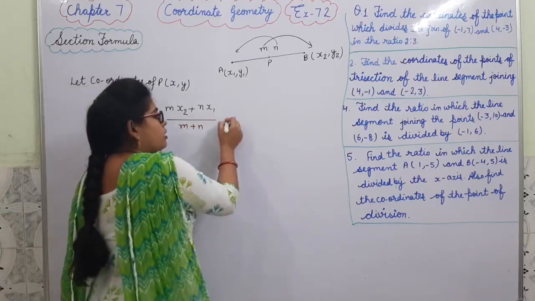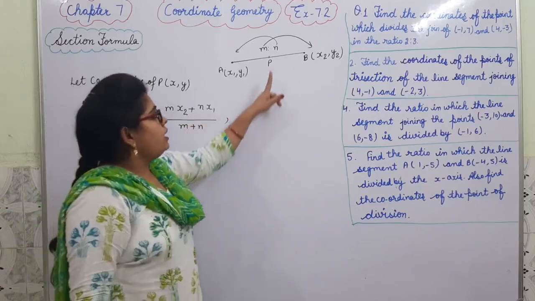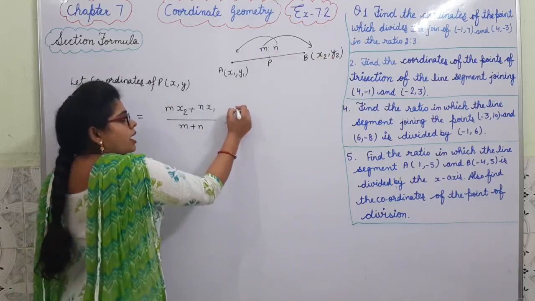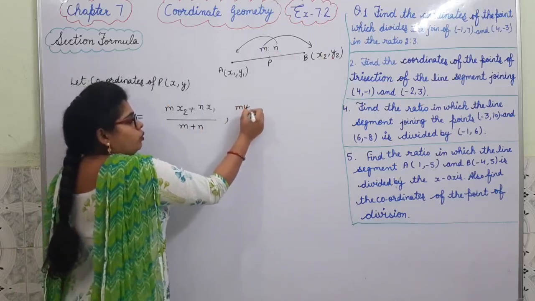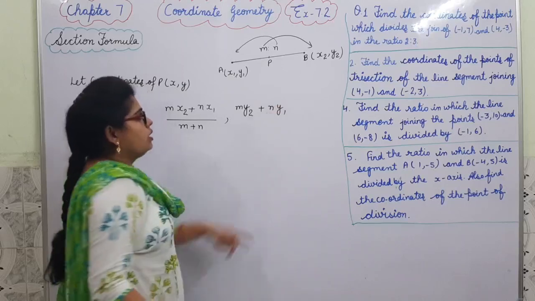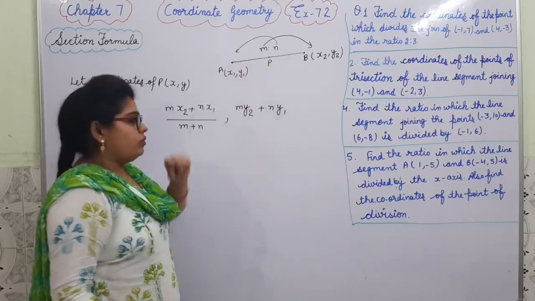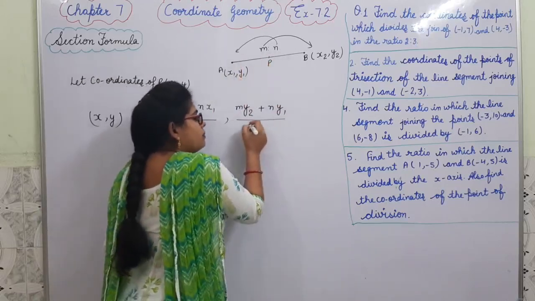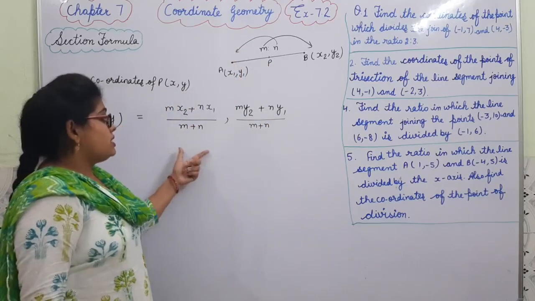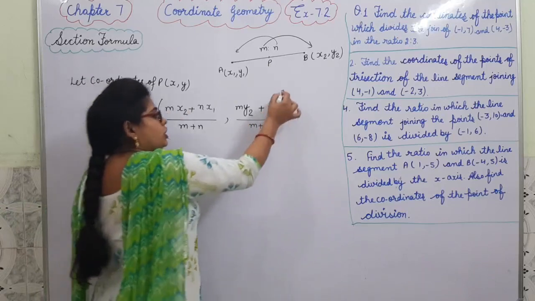After it, for the y coordinate, m into y2 plus n into y1, divided by m plus n. Dear students, this is the section formula.